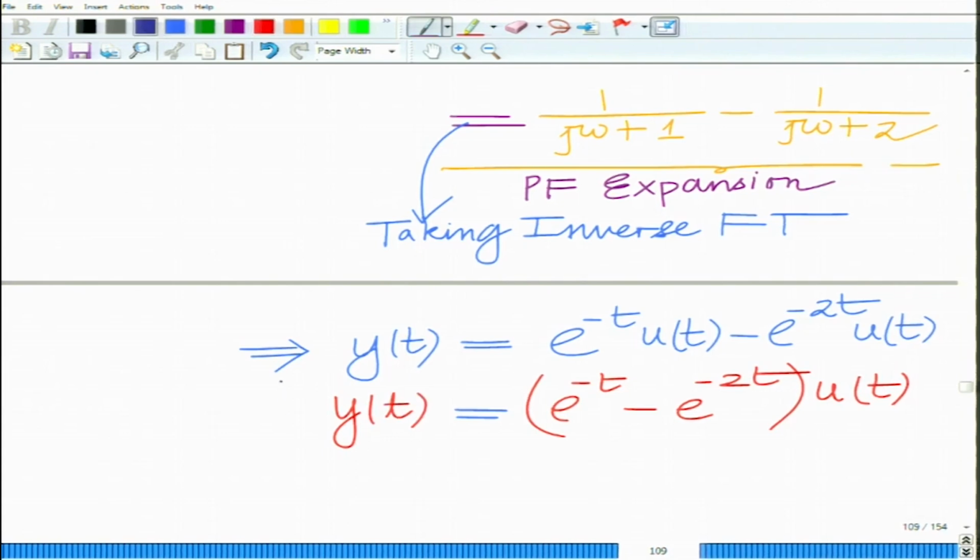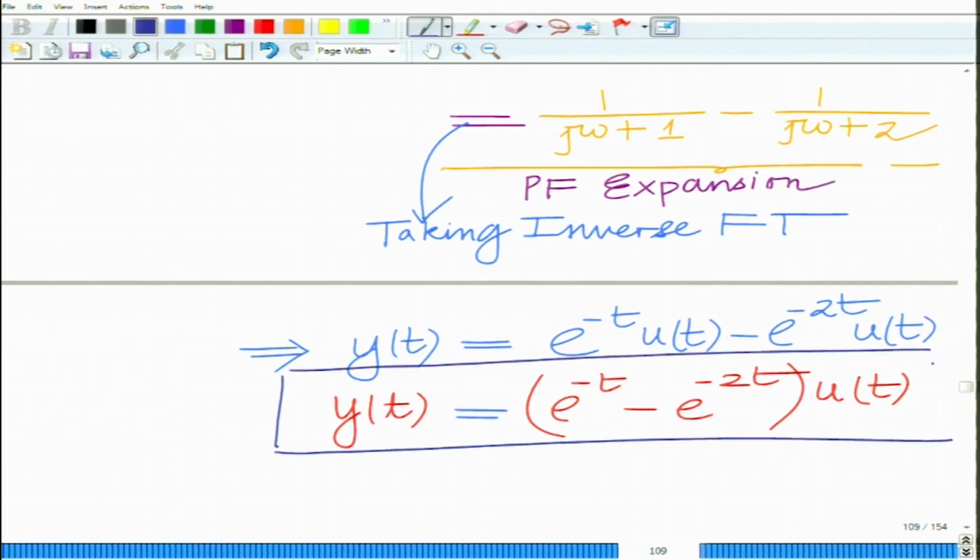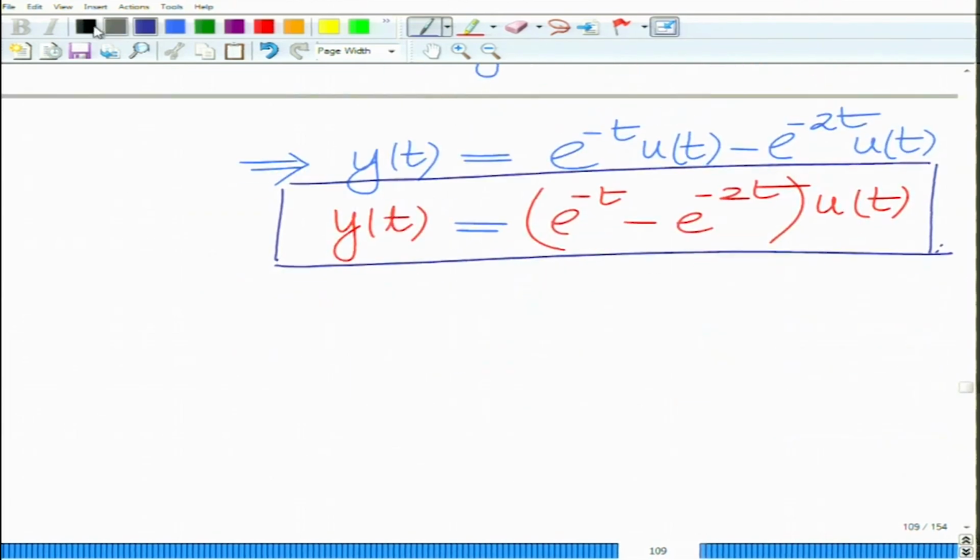That is basically the output signal to the given input.